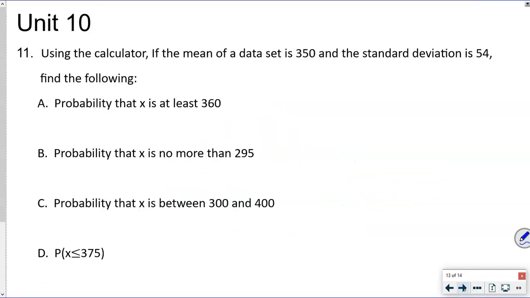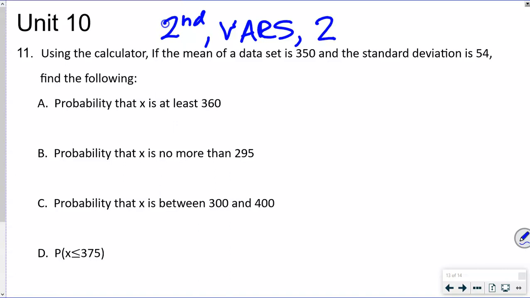Now this next one has to do with using a calculator. Now we're going to talk about how to do this. So when we do this, in your calculator, you're going to do second, then you're going to click the vars button, which is 3 down and 4 to the right, okay? And then you're going to click number 2, which is normalcdf, okay?